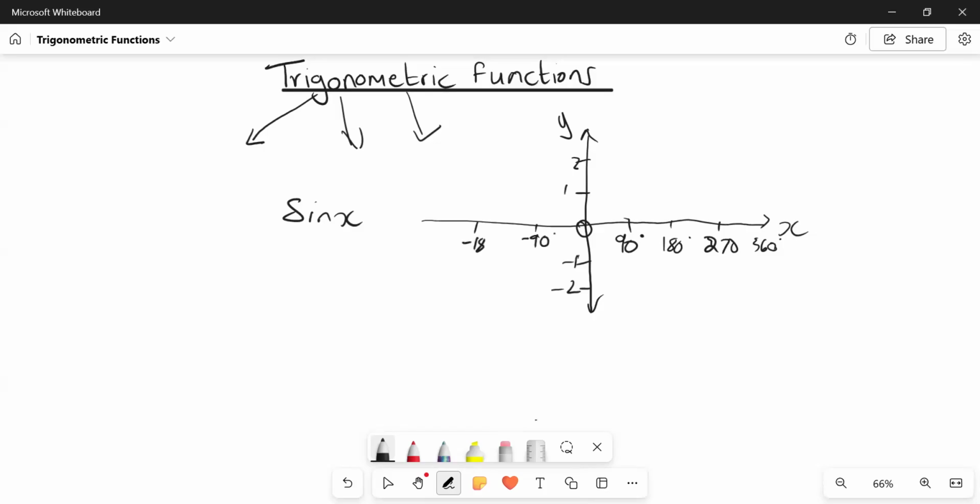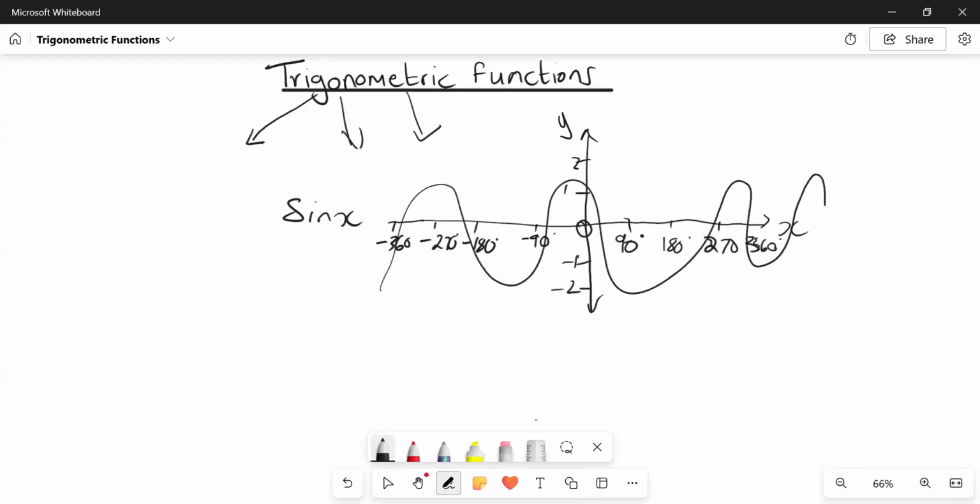It depends on the teacher. Maybe they want you to draw a graph which can continue to 720 and so forth, right? But for grade 10, we only restrict you to 360 degrees, and then you have your minus 360 there. So basically, you will have your degrees on your x-axis. Now, the sine graph will take this shape, but it will continue forever and ever.